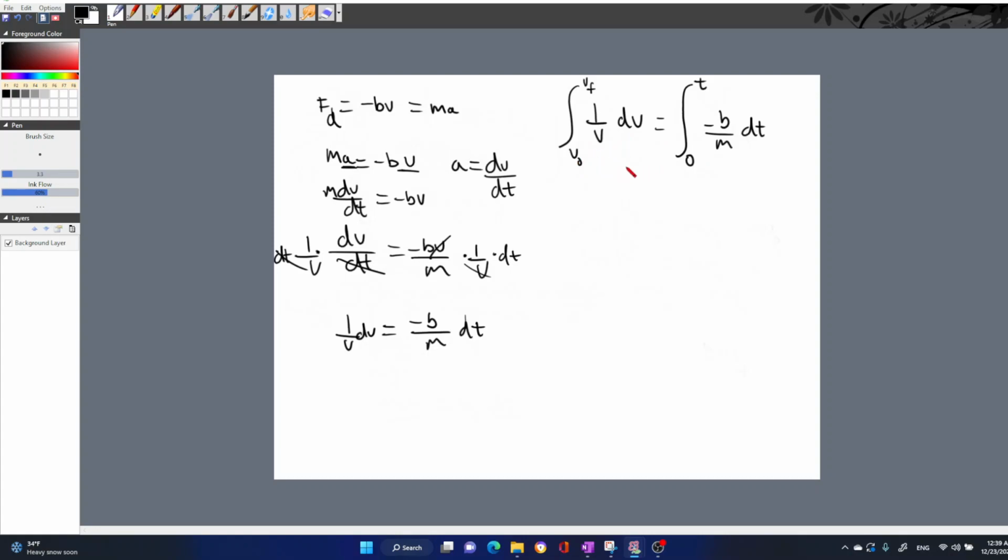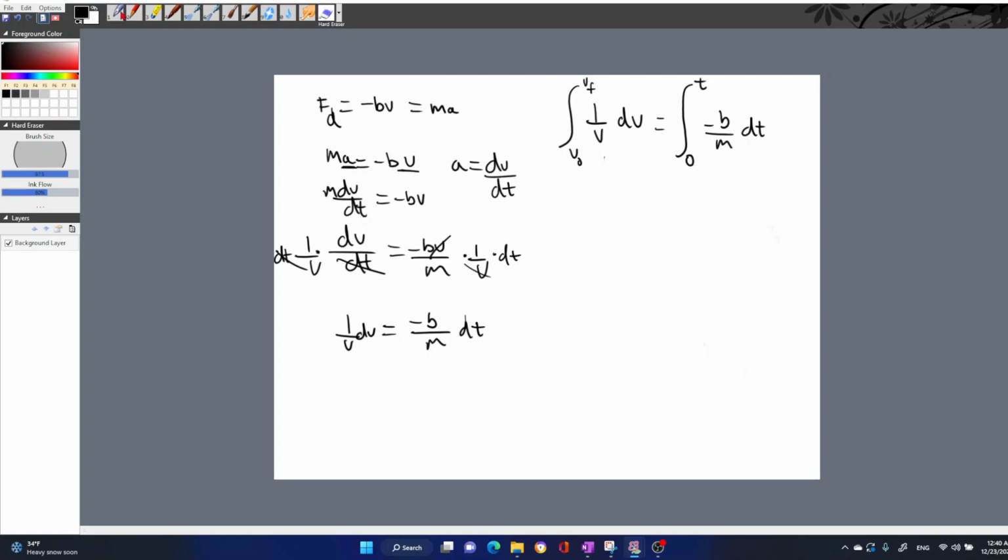So now just evaluate the definite integral. Notice this resembles 1 over x. So the integral of 1 over x should just be ln of x. You should know that from calc. So let's just use that rule real quick.